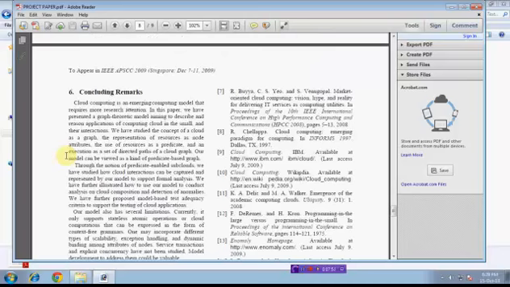Finally, our conclusion is that we can find the optimized route and optimized way of network sharing through the cloud. We implemented the graph theory model to achieve optimized interaction.